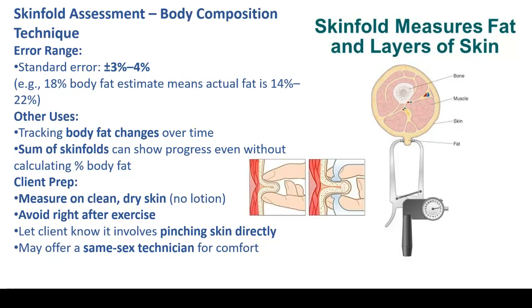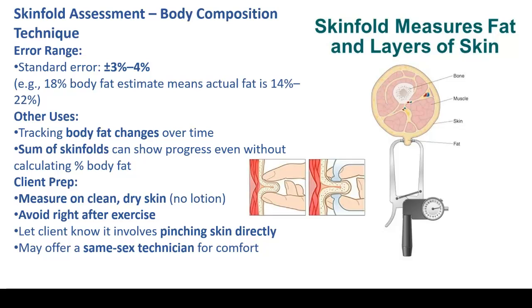And well, regarding the error, remember, I repeat, the error is about 3 to 4%. For example, if it says your body fat is 18%, the real number might be between 14 and 22%. Another important fact is tracking.